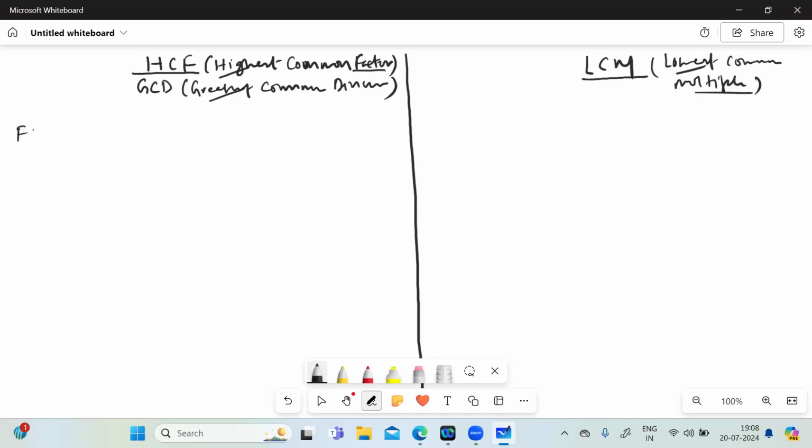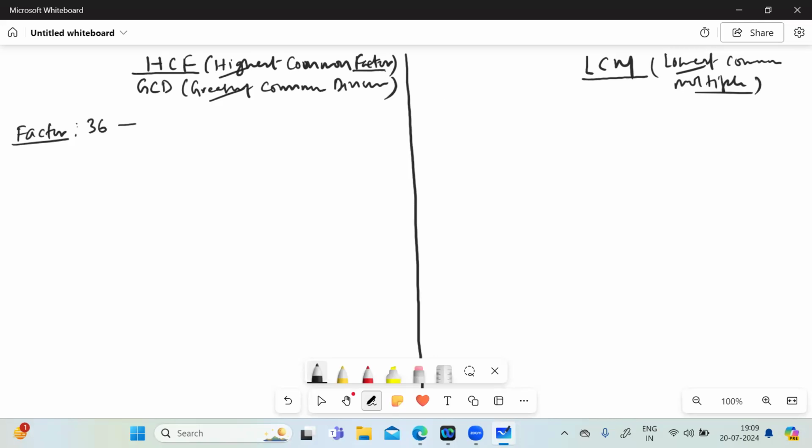So in the last class, we studied about factors. All the numbers which divide any particular number are its factors. We'll call all those numbers factors of n if they divide the number n. So let's take an example. We have 36.